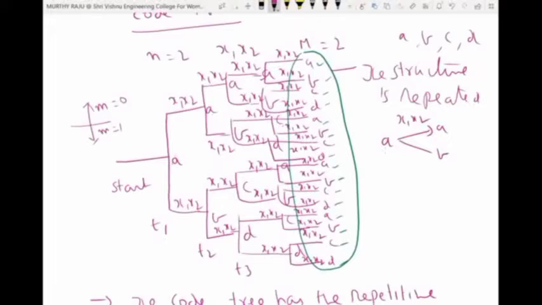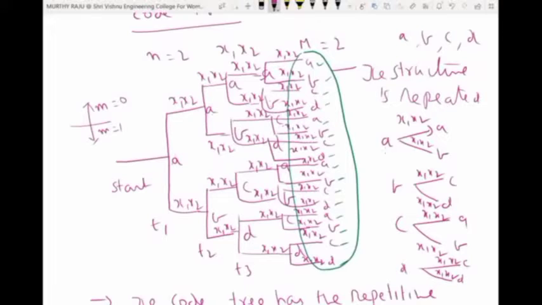Next here B to C and B to D, C to A and C to B. Here X1, X2 are the outputs of the convolutional encoder. C to A and C to B. And D, here D, X1, X2, X1, X2.